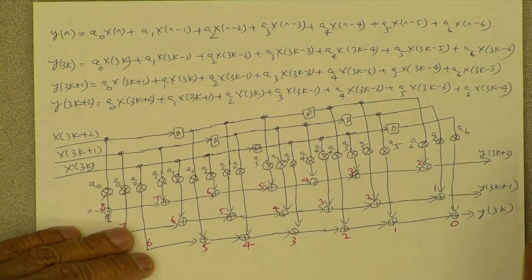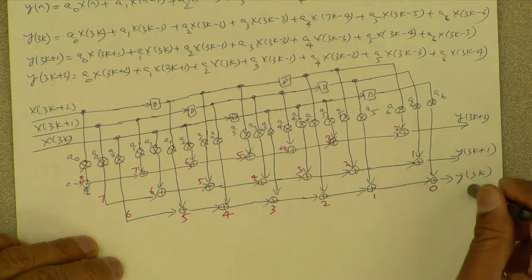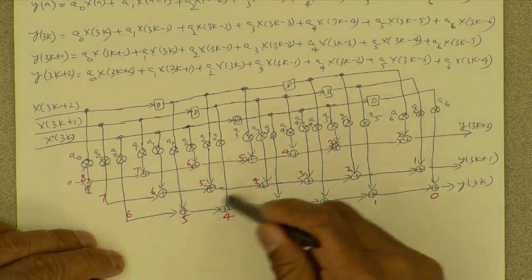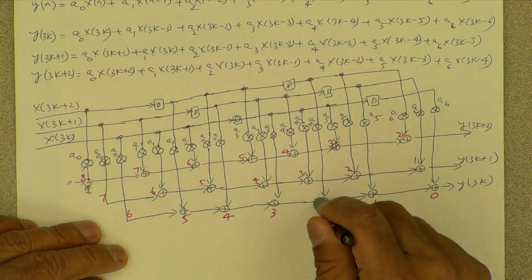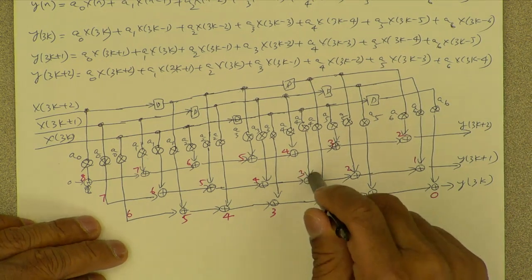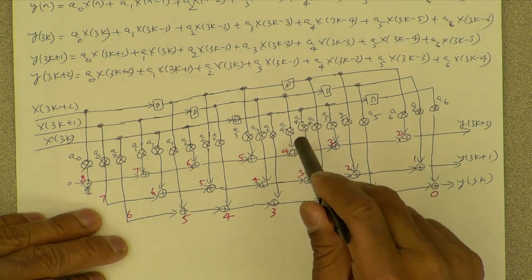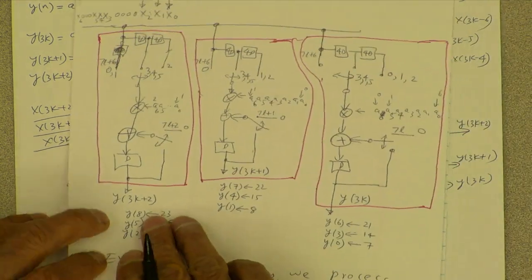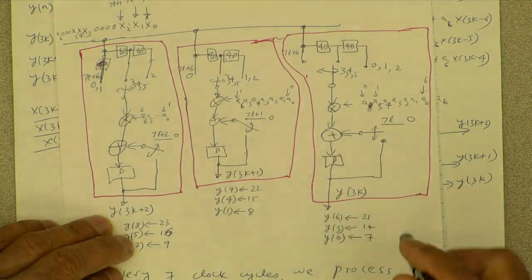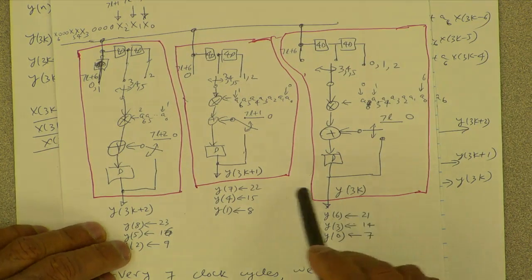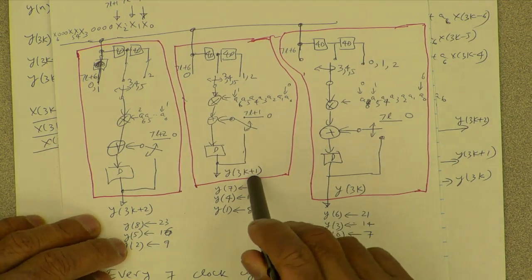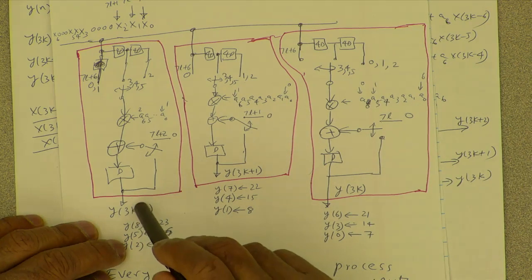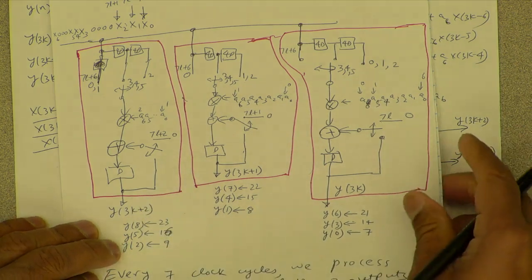Now think about the computation of y3k carried out by one processing element, 3k plus 1 by another, and 3k plus 2 by another. So this processing element is computing y3k, this is computing y3k plus 1, this is computing y3k plus 2.